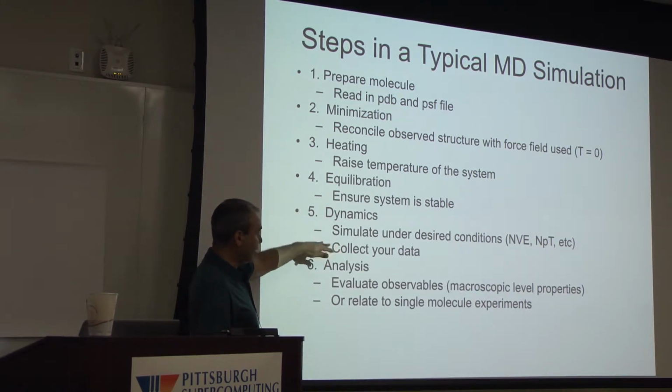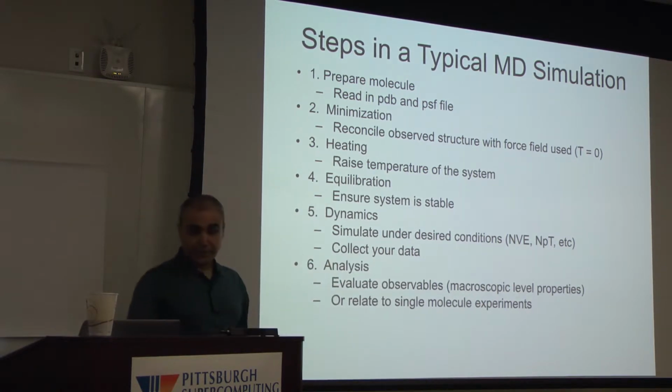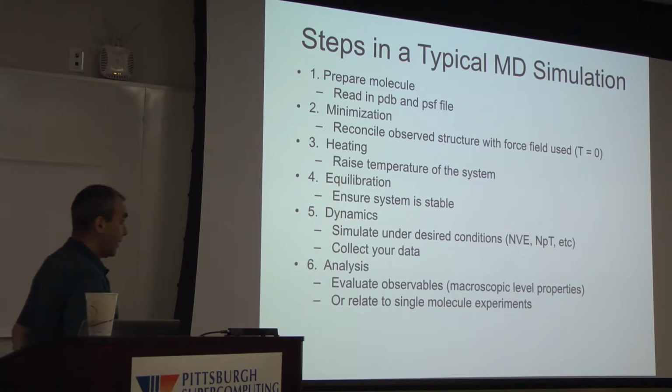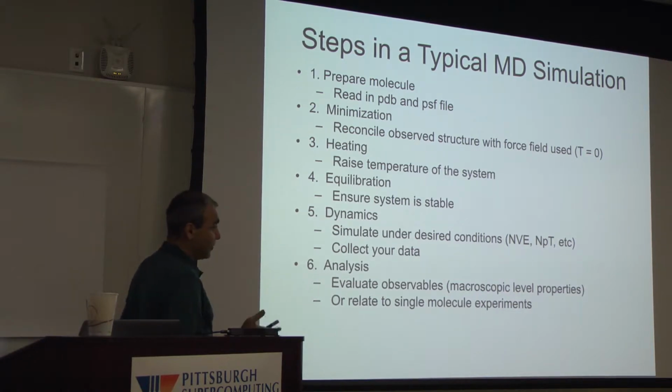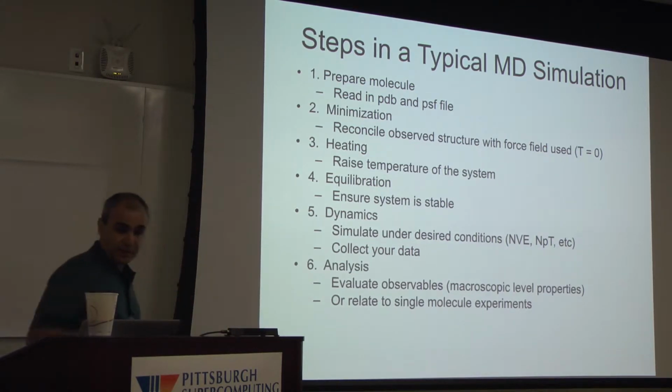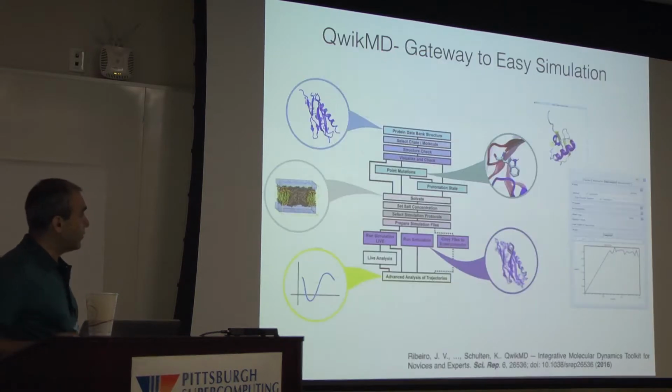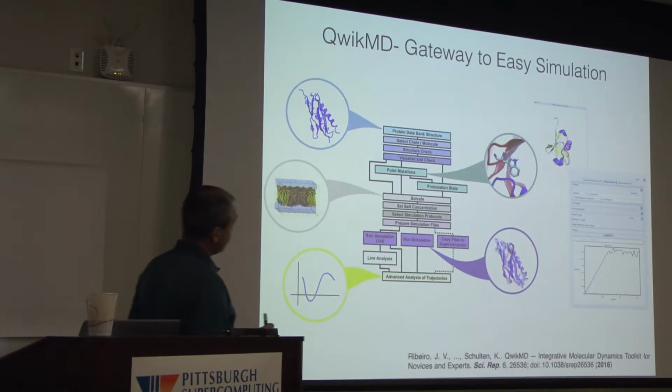So you collect your data, you save your frames, and then the analysis part, again, depends on what you want to do with the system. What is your goal? Yeah, that's again something that comes with experience.